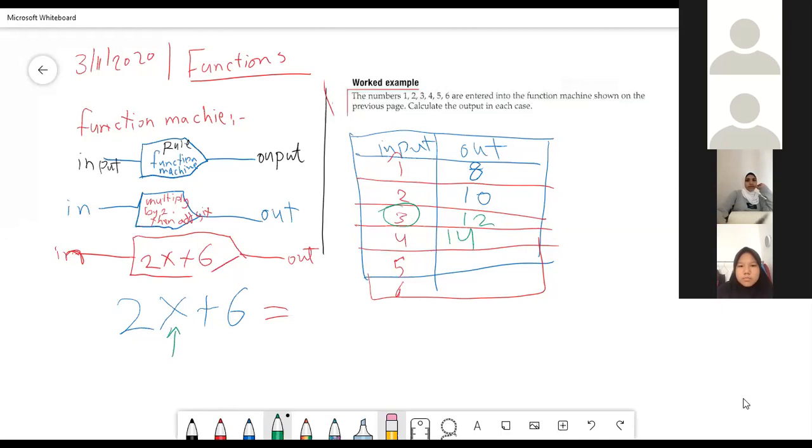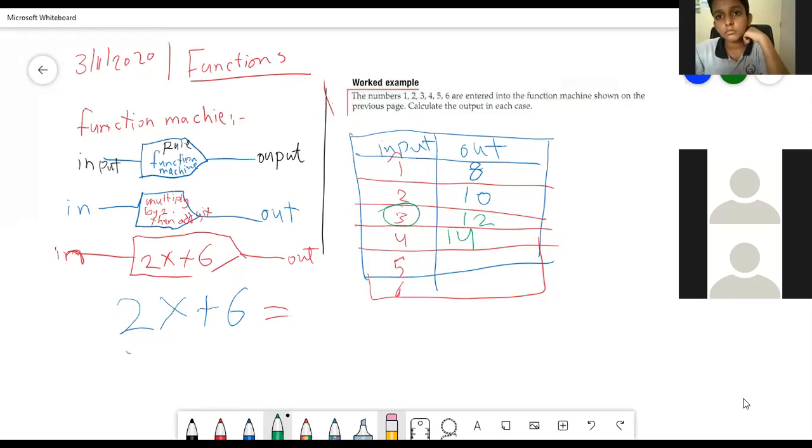Replace x with 5. 16. Right. Why? Because 2 times 5 plus 6 equals 16. Iman, in case the input is 6, what will be the output? It will be 18. Exactly.